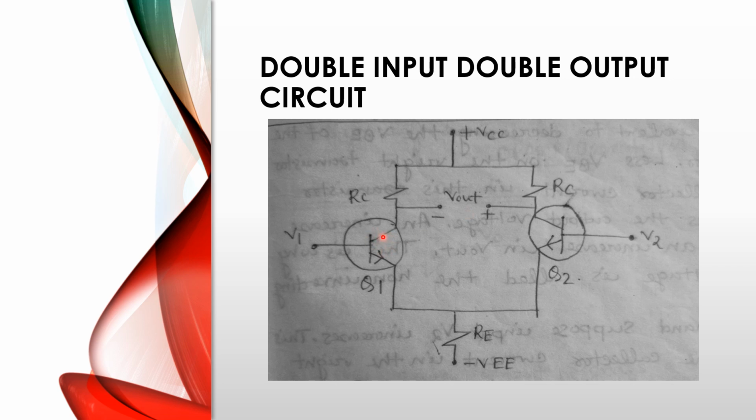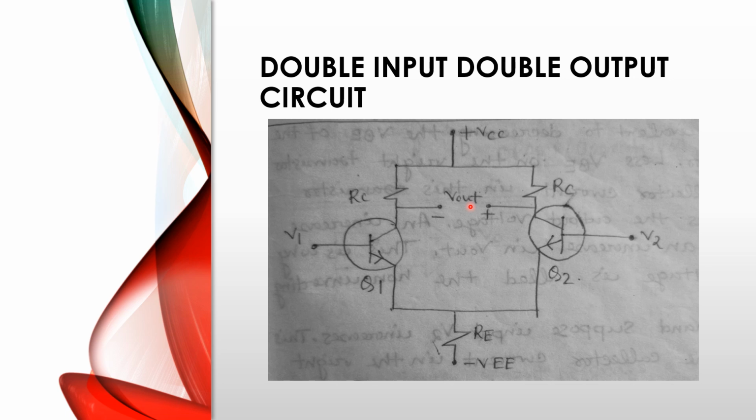This increases the voltage at the top of RE, equivalent to decreasing the VBE of the right transistor. Less VBE on the right transistor means less collector current, right? Less collector current in this transistor increases the output voltage. An increase in V1 produces an increase in Vout.